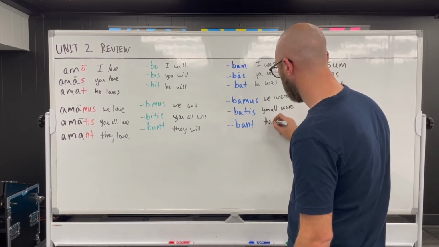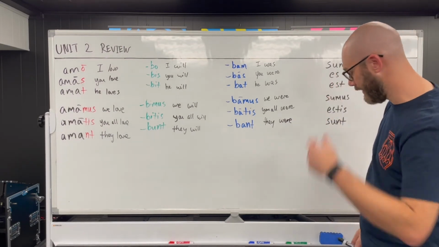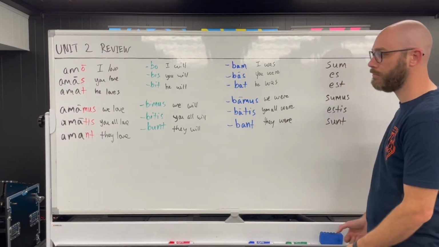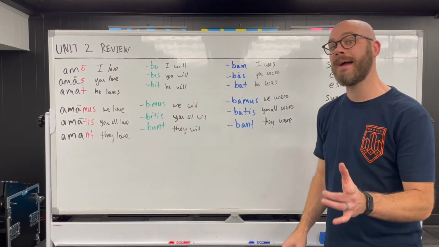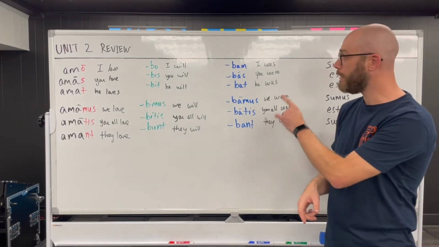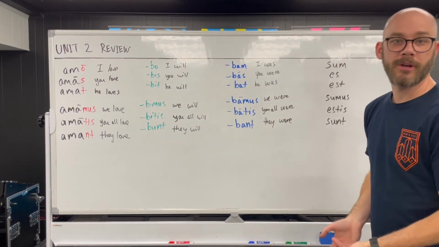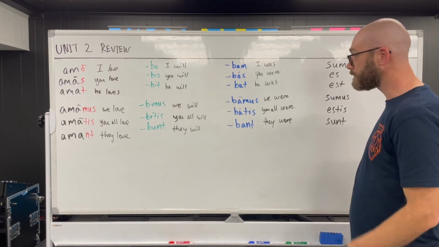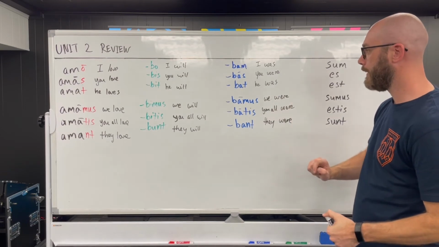Bant, they were. Very good. Bam, bas, bat. Bamus, batis, bant. You know, we've been practicing these two for so long. You probably won't have to practice them very much, just maybe 1 or 2 times before your test. But you probably want to practice this one a bunch, because it's the new kid on the block. It's the one that you're going to forget if you don't practice it, because that's how our brains work. So keep practicing all of them, and especially this one.